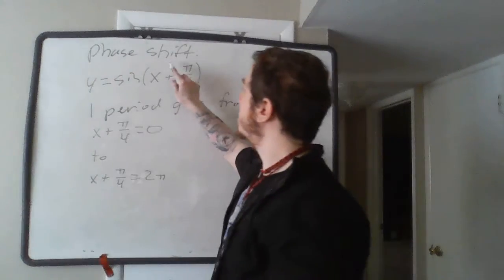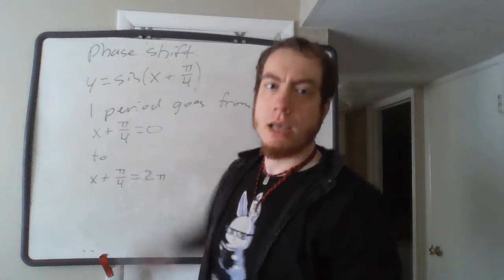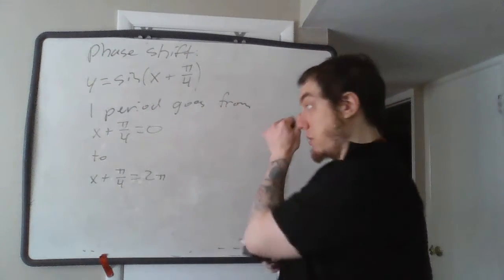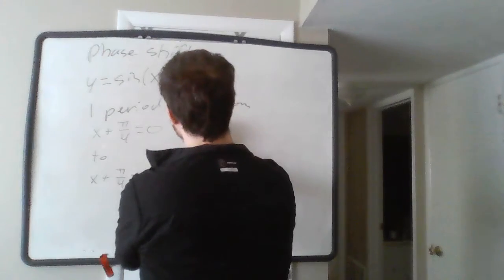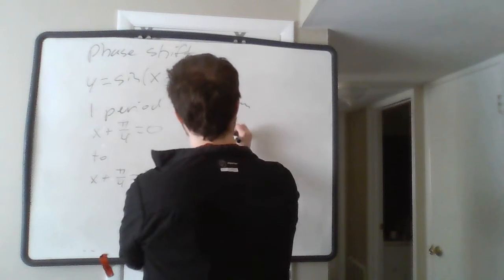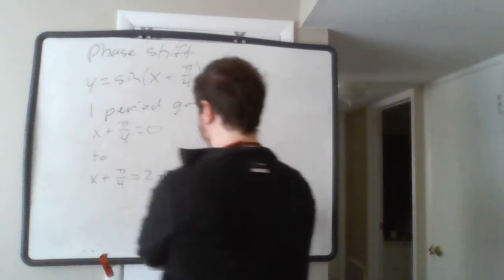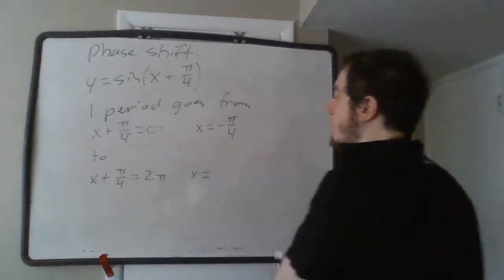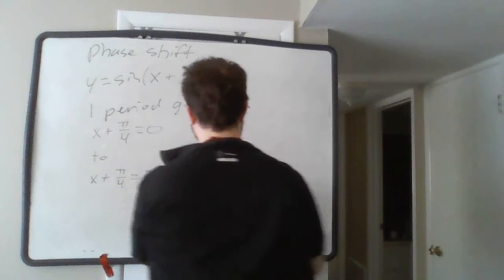We're really interested in when all of this stuff inside of sine goes to 0 and when it goes to 2 pi. Well, that's going to be 0 at x equals negative pi over 4, and it's going to be 2 pi at x equals 2 pi minus pi over 4, which should be 7 pi over 4.